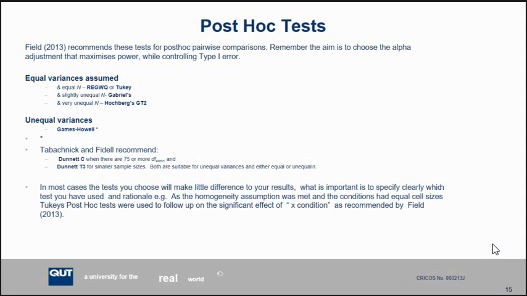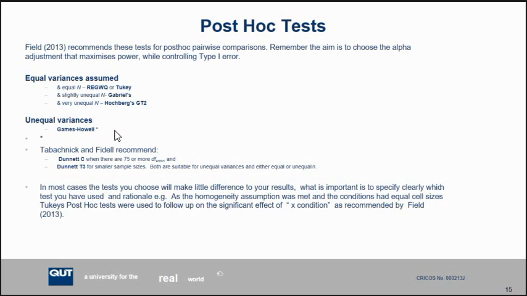So post hoc tests. Post hoc tests are nice and easy to run in both one way and GLM. Field recommends that if you have not breached your homogeneity of variance assumption, to use a Tukey's if you've got equal ends. But if you've got very unequal ends in your groups, he recommends using Hochberg's.